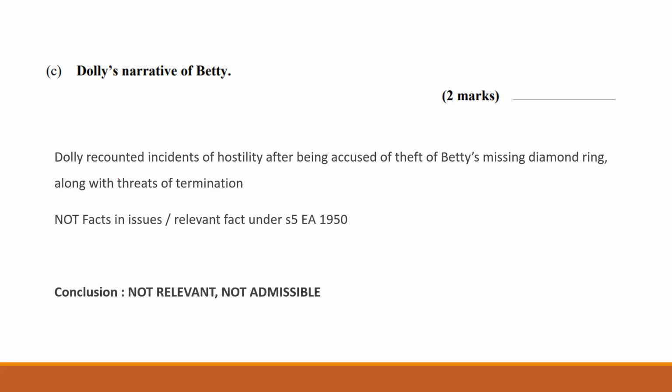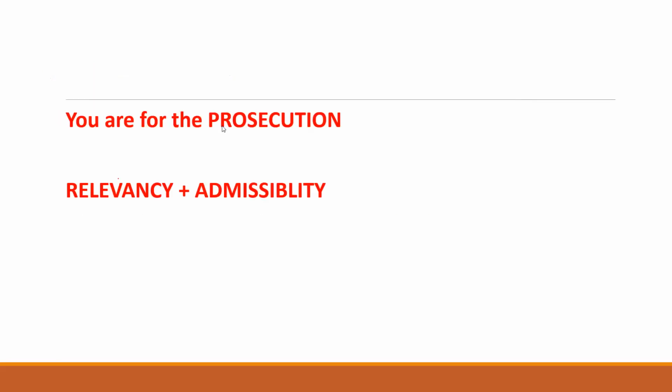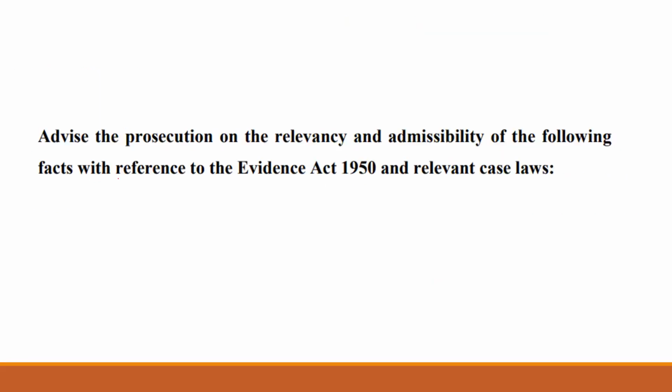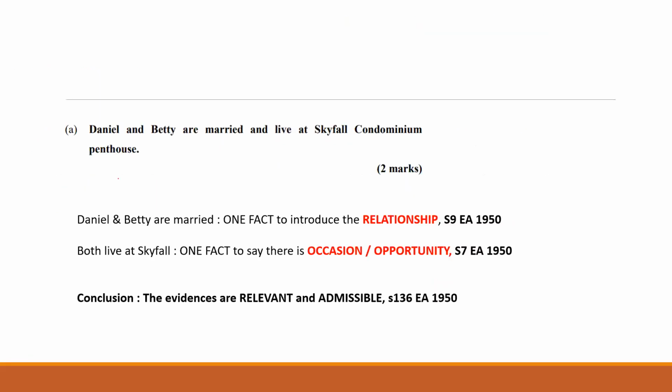Let's say I put you into a position whereby you act for defense. Would it be relevant, this Dolly's narrative of Betty? The answer will be yes, because here Daniel claimed that Betty was angry, threw her chair, threw Daniel's chair, and somehow or rather Daniel will raise provocation or self-defense.